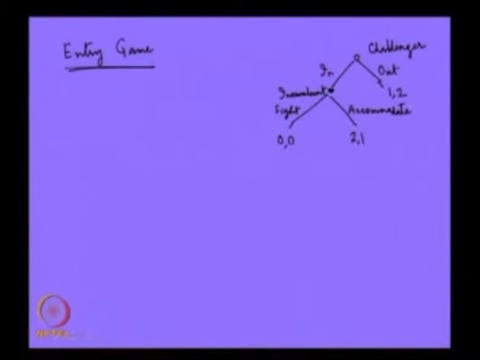So, this was the game, and what are the strategies of these players? Suppose I want to write the strategy of the first player, that is the challenger. He has two strategies, either in or out, and the strategy set of the incumbent is either fight or accommodate.